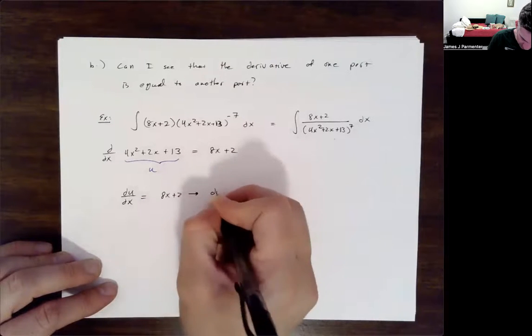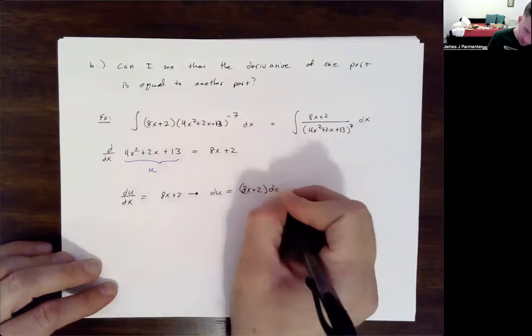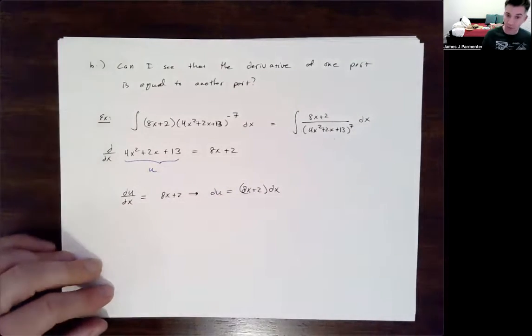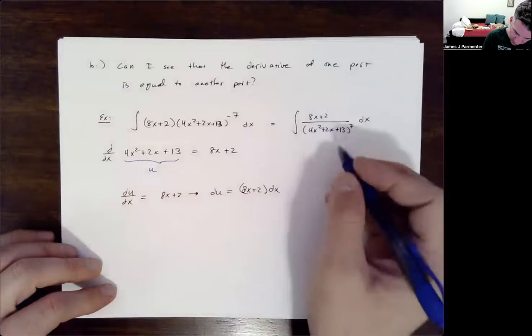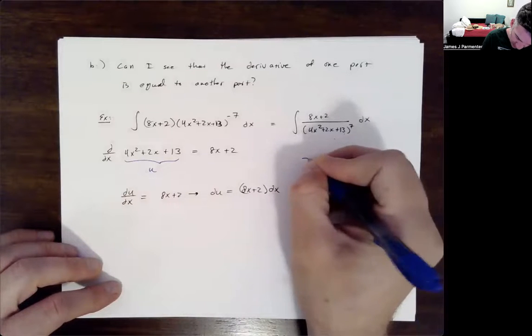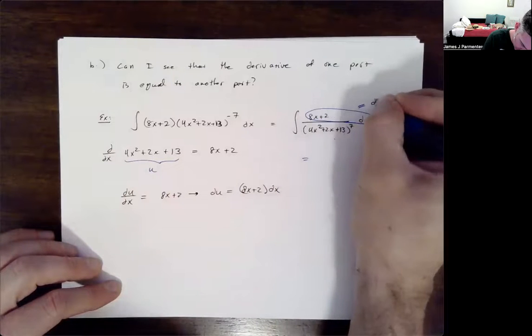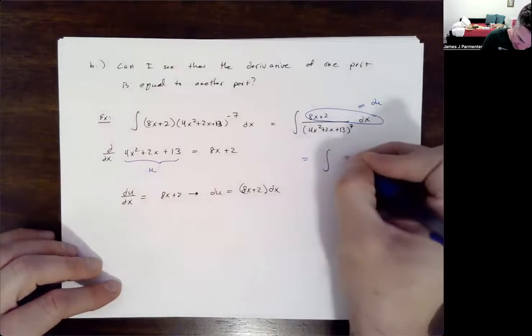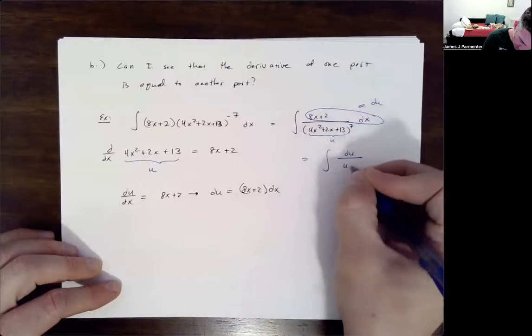So that du is equal to 8x plus 2 times dx. And then we rewrite the integral. So that's our u, that's our du. In fact, I like to circle that and be like, oh, that is equal to du. Get the integral of du over, that's u right there, u to the 7th.